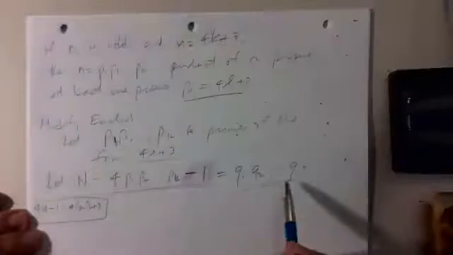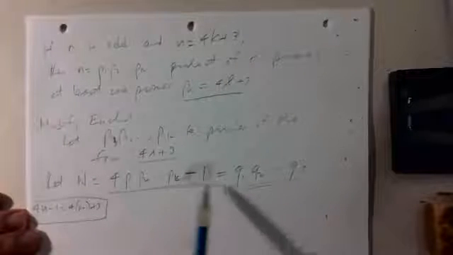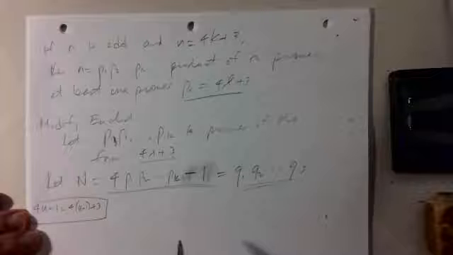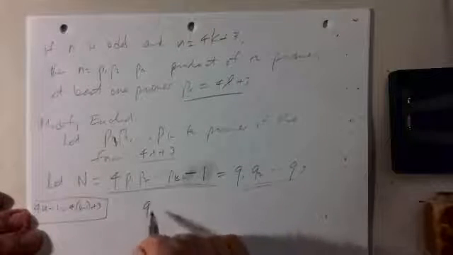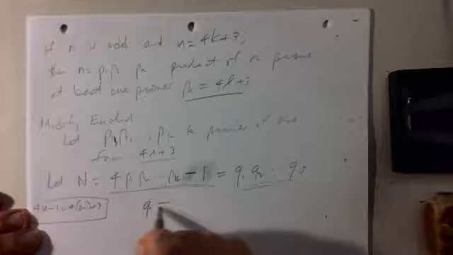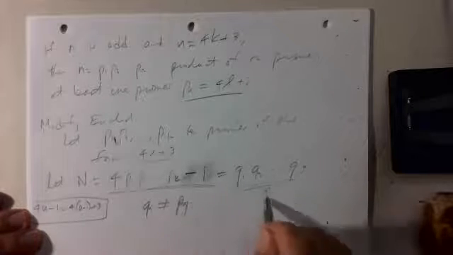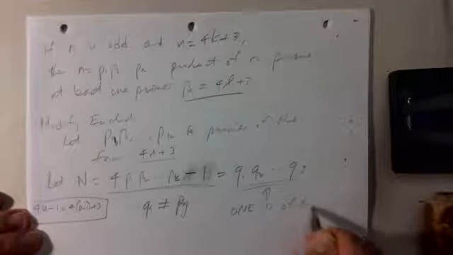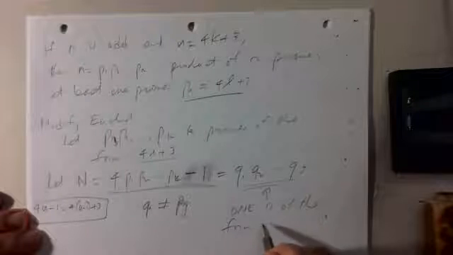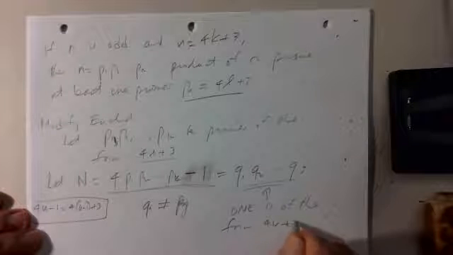You write this number as a product of primes. None of these primes can be equal to one of the p's, because if they were equal, that prime would divide 1. So each of the primes q sub i is different from the primes p sub j. But one, at least, is of the form 4v plus 3.